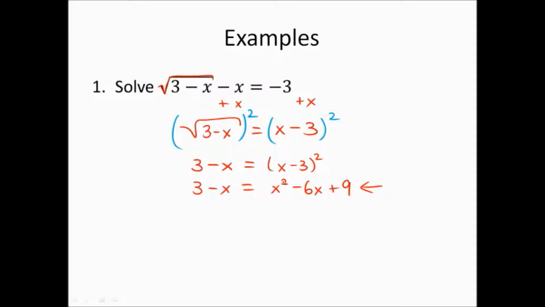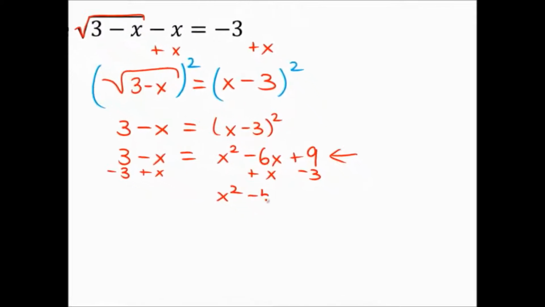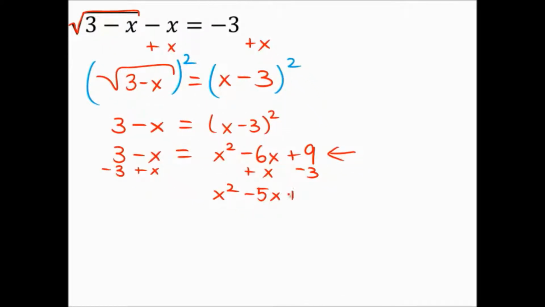In the previous unit, recall that when you have a square in an equation, you want to get everything to one side equal to 0, factor, and use the 0 property to find our potential solutions. So let's try that. We're going to add x to both sides and subtract 3 from both sides. You're going to be left with x squared minus 5x plus 6 equals 0.